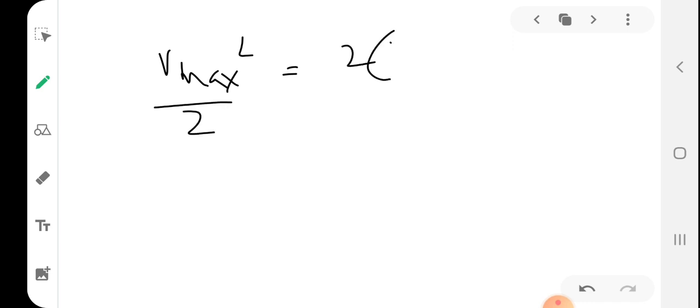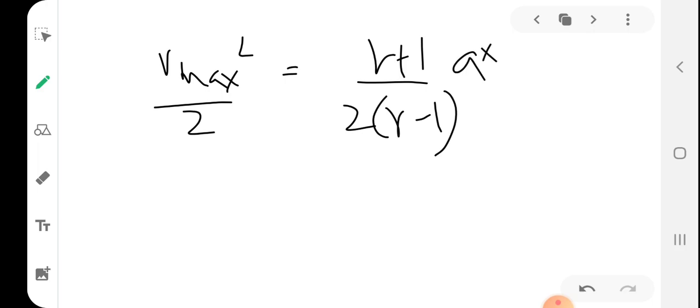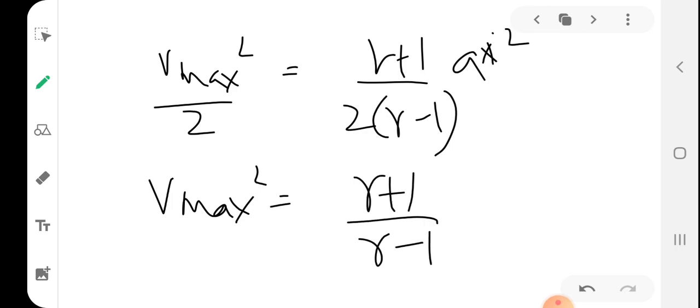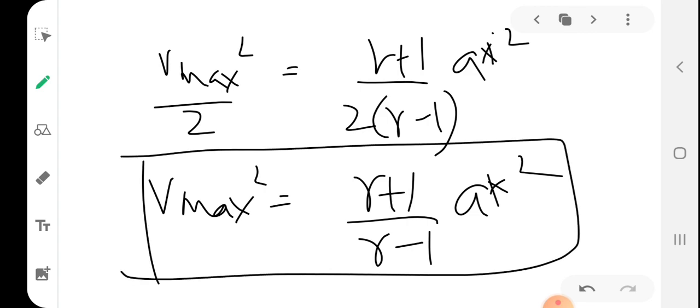Also we can write V max square by 2 equal to gamma plus 1 by 2 gamma minus 1 A star square. So V max square can be written as gamma plus 1 by gamma minus 1 A star square. So these are the different expressions relating Vmax with other velocities.